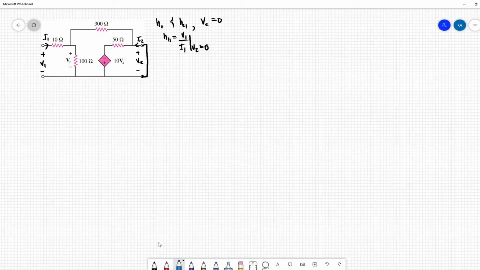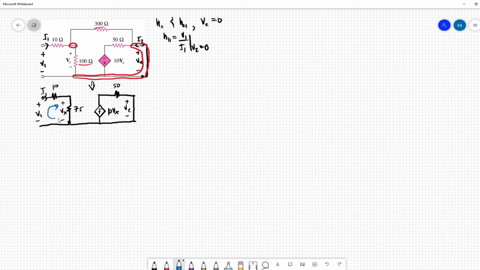Now, looking at this node, the 100 ohm resistor and the 300 ohm resistor are connected in parallel. So we can simplify this circuit combining 100 and 300.